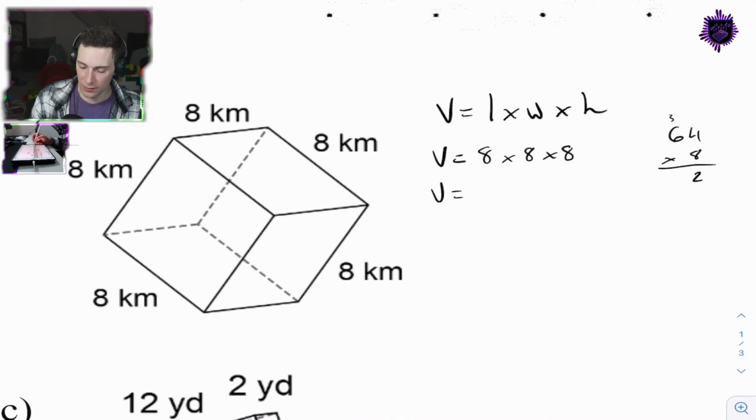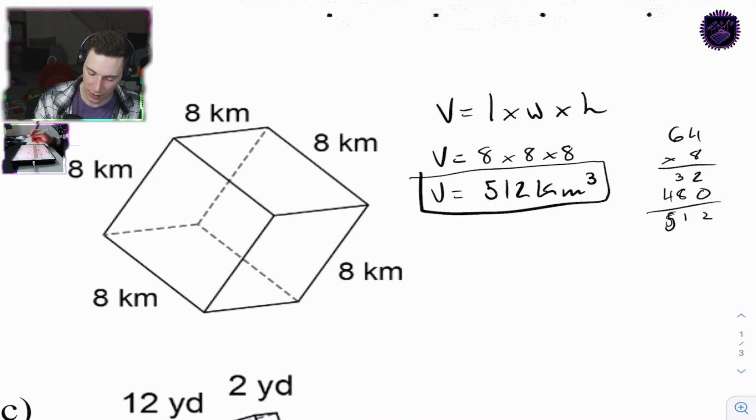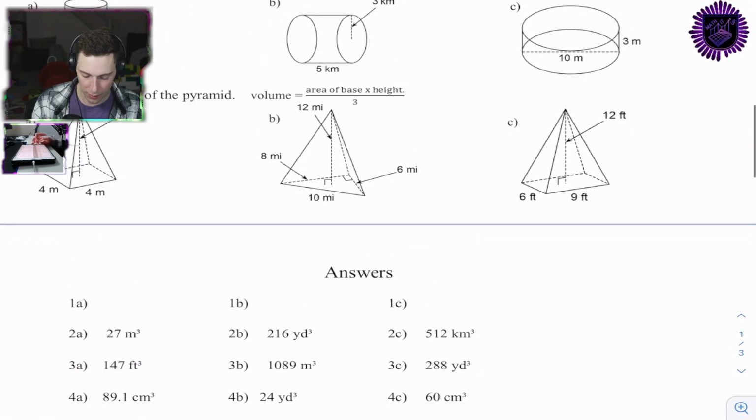Oh, wait a second, not carry the 3. Why would I do that? 32, and then 6 times 8 is 48. 512. So volume is equal to 512 kilometers cubed. That is my answer. 216, 512. All right, looking good.